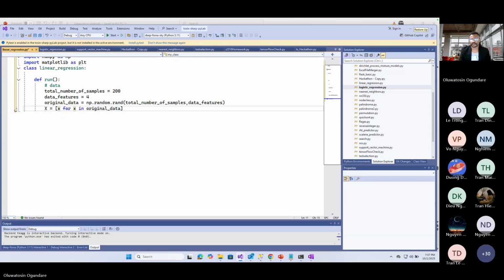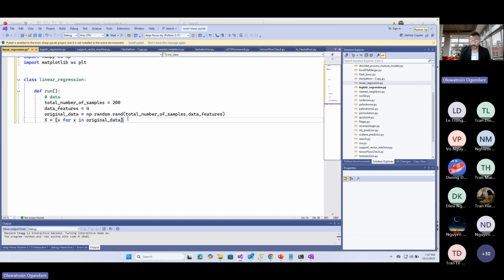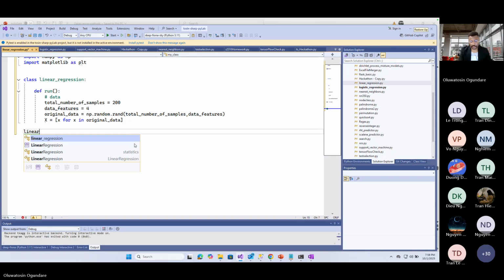All right. So let's have a way of looking at what we have. So we have model, which is our linear regression.